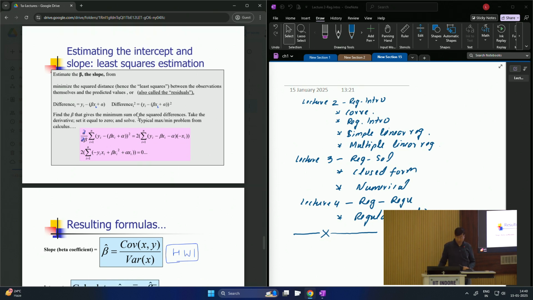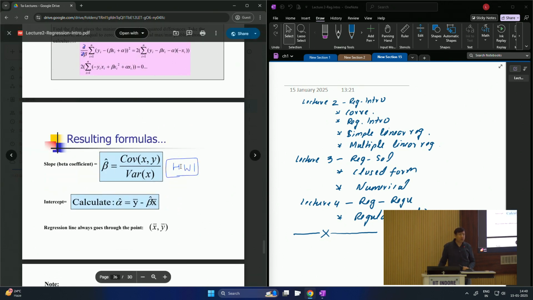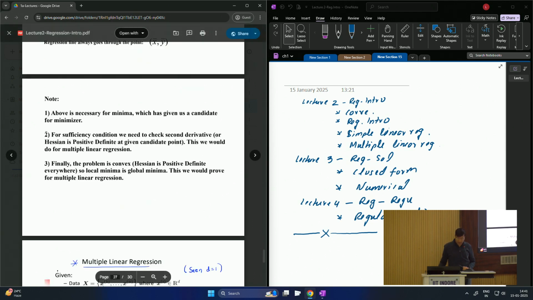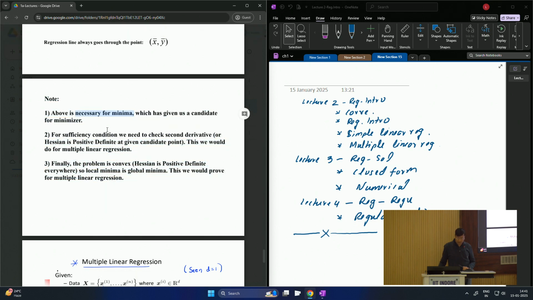This everybody knows by now, right? And in homework 1 you also did this and figured this out, but this gave you the candidates for minimizer. I said you have to apply the sufficiency condition and you also have to check whether the minimizer is local or global. This we'll see in the multiple regression case. The necessary condition, the sufficiency condition, convexity, we'll see in the multiple.